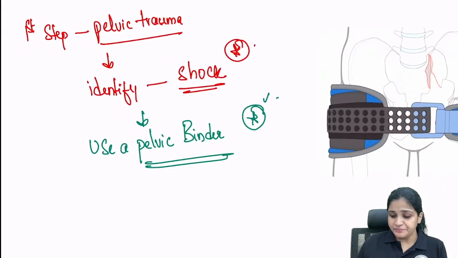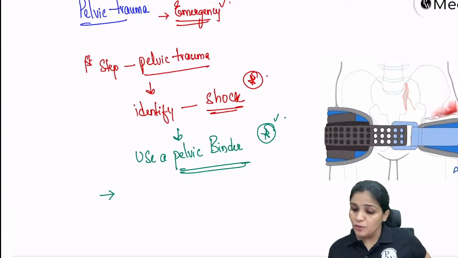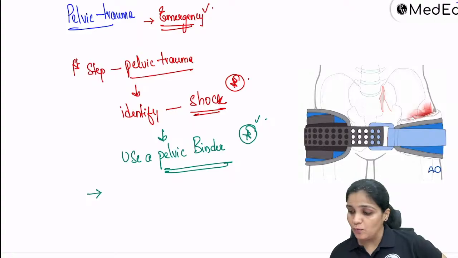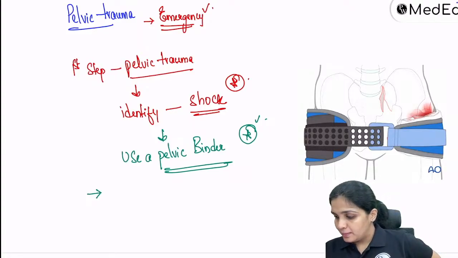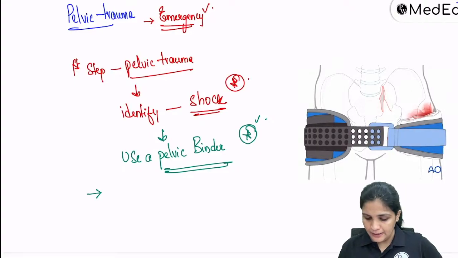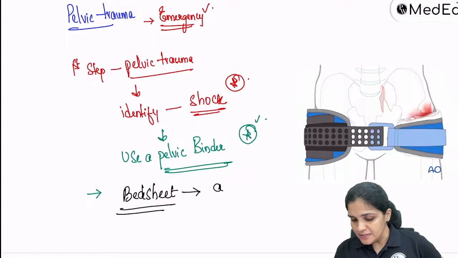But at which level do you put this pelvic binder? So if there is no pelvic binder available, and you are in some remote areas where a pelvic binder is not available, then what will you do? You use a big bed sheet. And where do you put this?